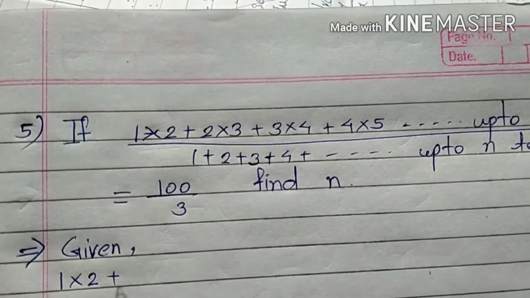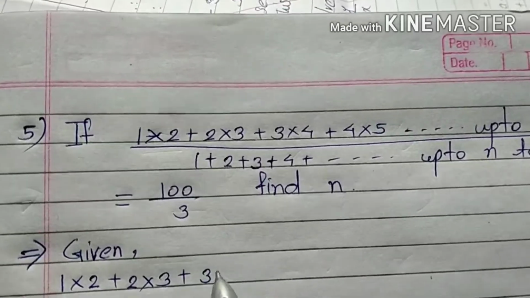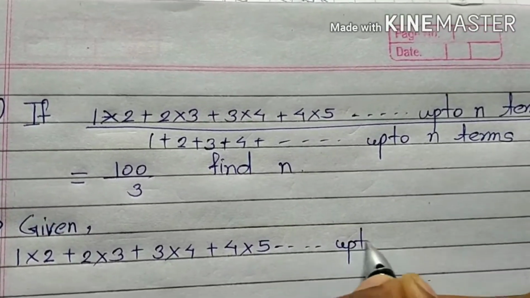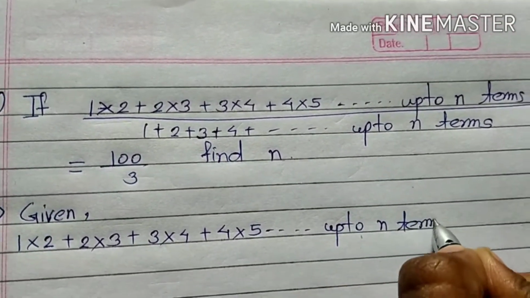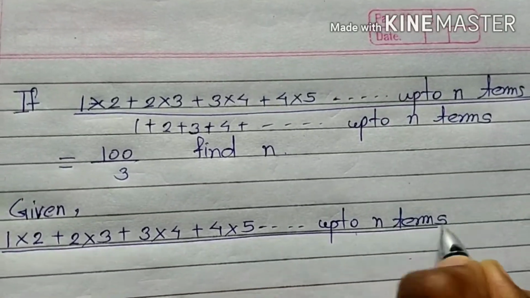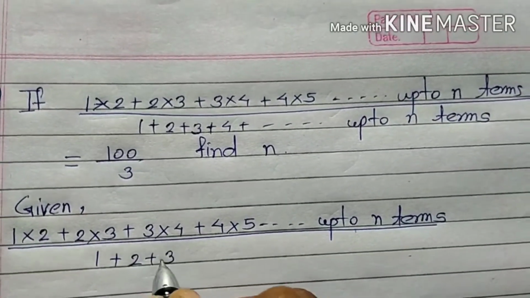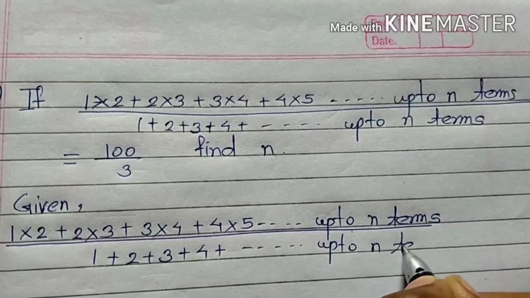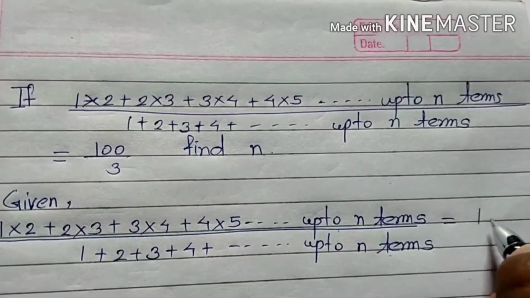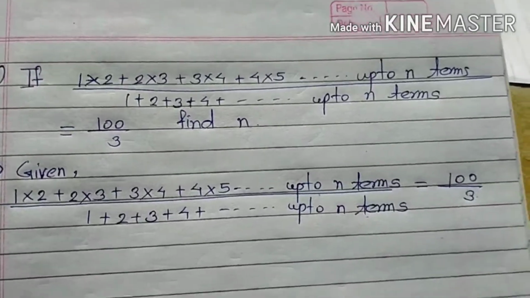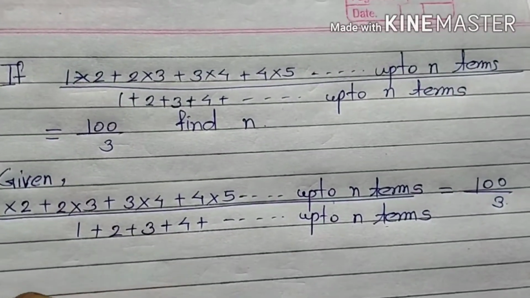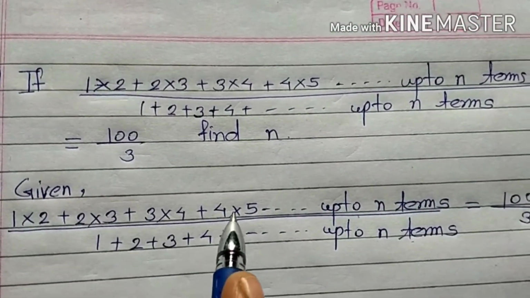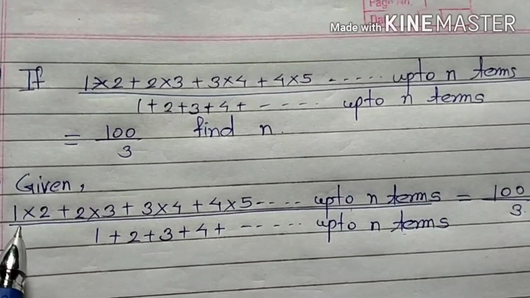1×2 + 2×3 + 3×4 + 4×5 up to n terms upon 1 + 2 + 3 + 4 up to n terms, which is equal to 100/3. So here we have to write it in summation form. You can observe that 1, 2, 3, 4 up to n terms, suppose it is r.